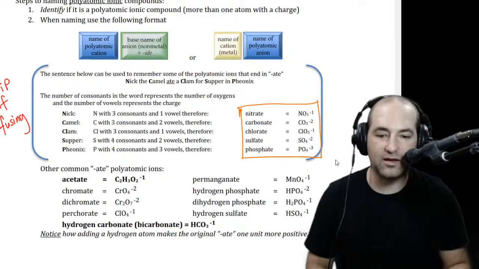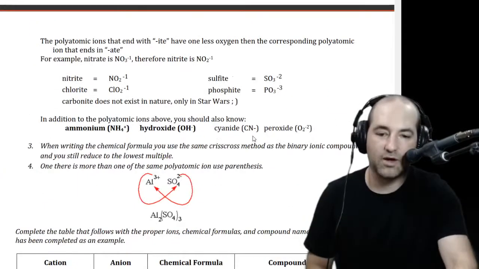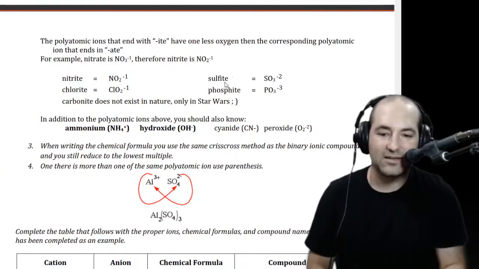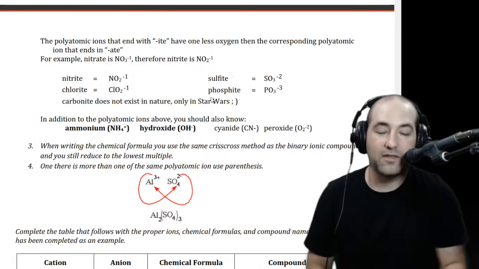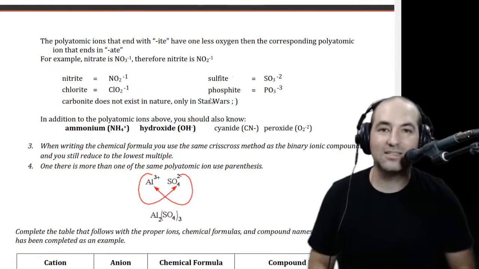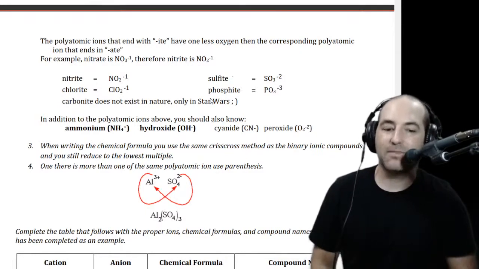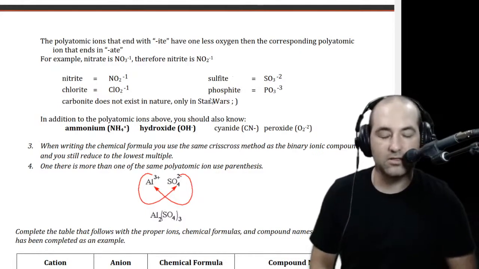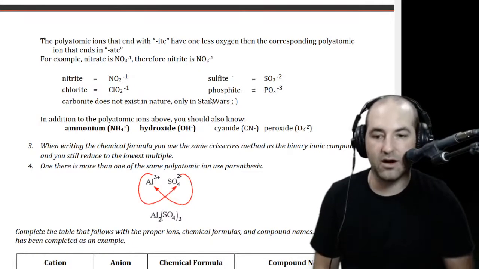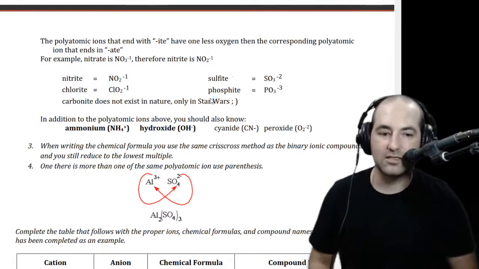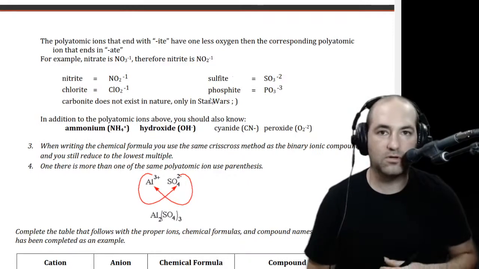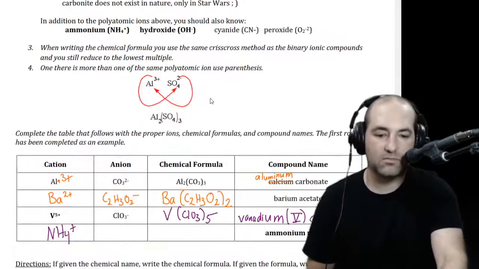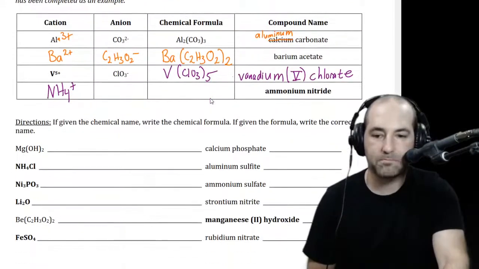So you've got sulfate is SO4 minus 2. Sorry, sulfate is minus 2. Sulfite is SO3 minus 2. And then there's also sulfide with a D, which would be S minus 2. That's the monoatomic one. So some very similar names there. And just practice and seeing the different ones is what will help you not get tripped up there.